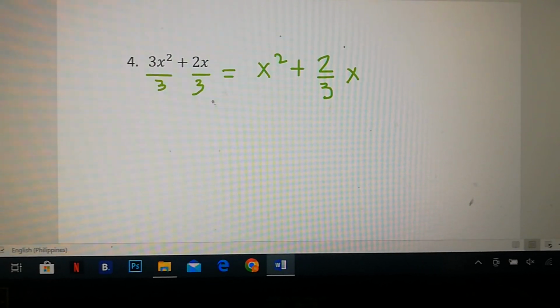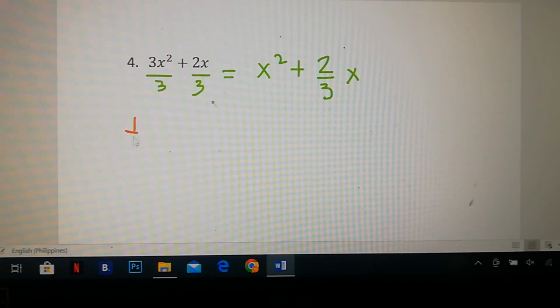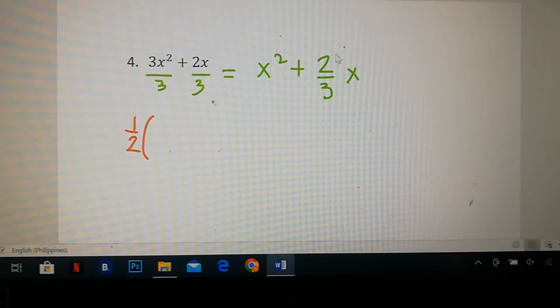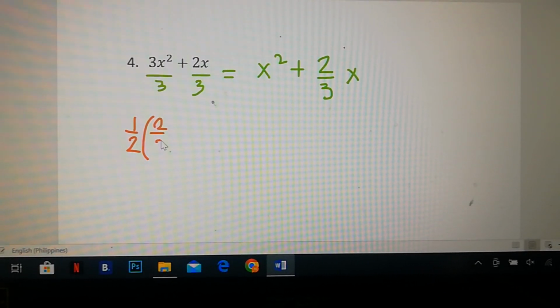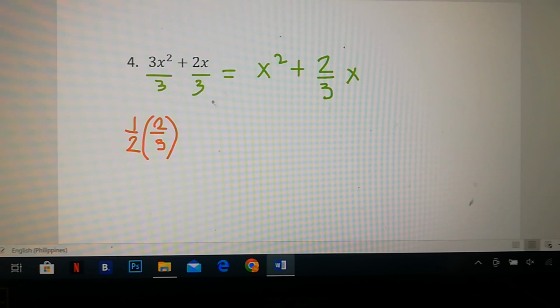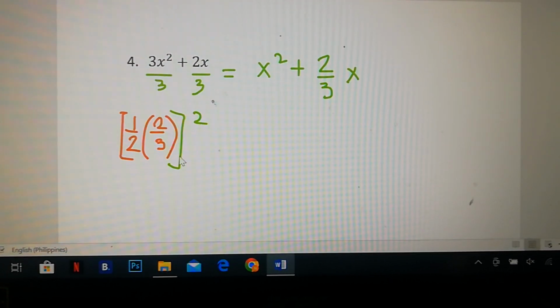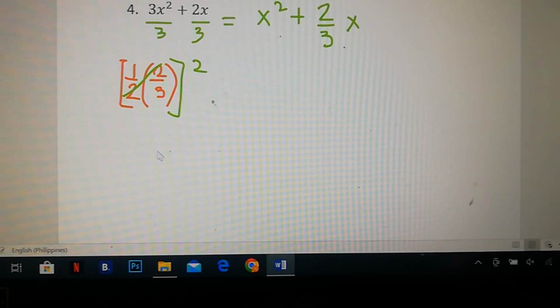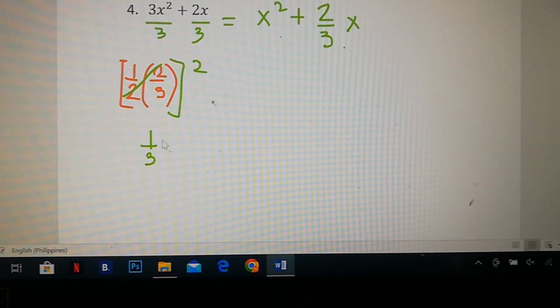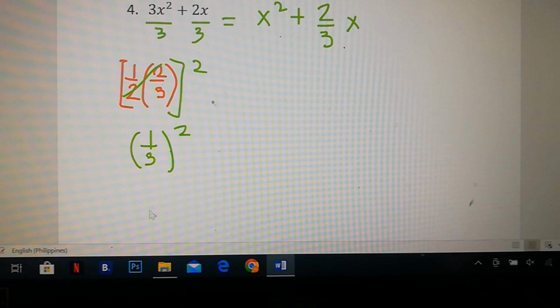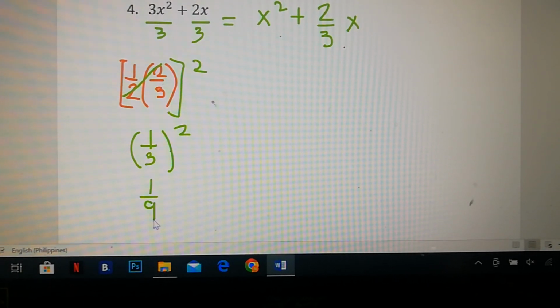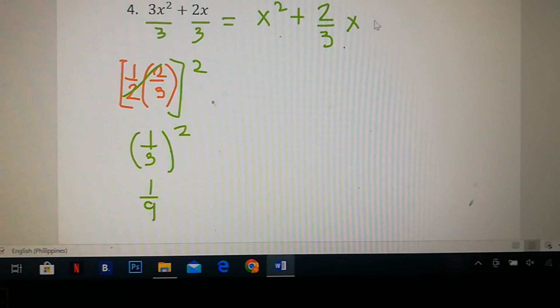What will you add to make it a perfect square trinomial? Again, 1/2 of the coefficient of the linear term, which is 2/3, is 1/3. Then you square the result: 1/3 squared is 1 over 9. So plus 1 over 9.